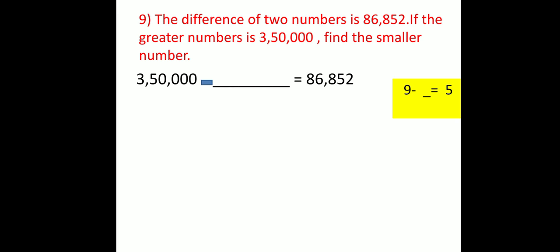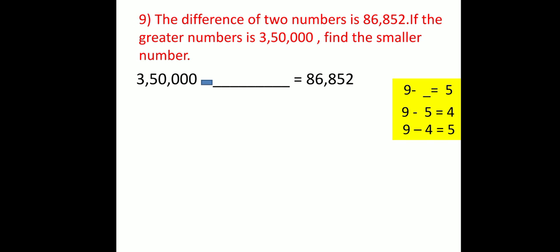If you subtract 5 from 9, means 9 minus 5 equal to 4. So here also biggest number minus the other number, then you get the smaller number.